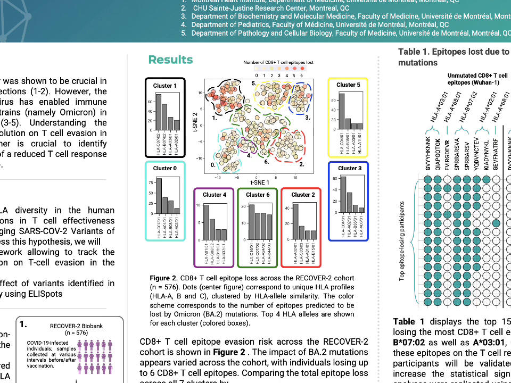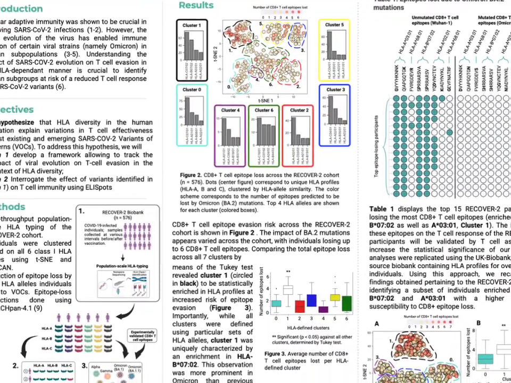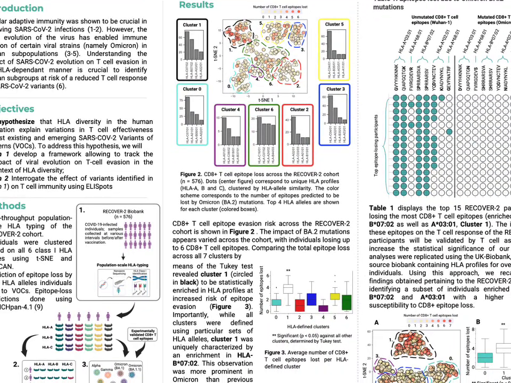This cluster is enriched in HLAs B0702, A0301, and A0201. Of course, this is something we see visually, but when we do the statistics using a Tukey test, we can see that cluster 1 is indeed more susceptible to T-cell evasion.